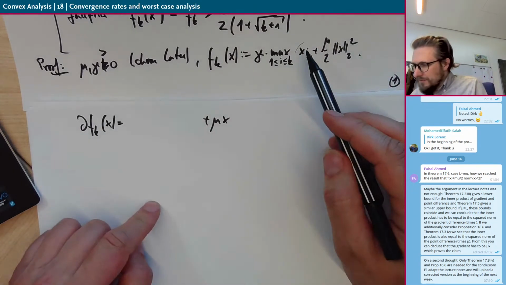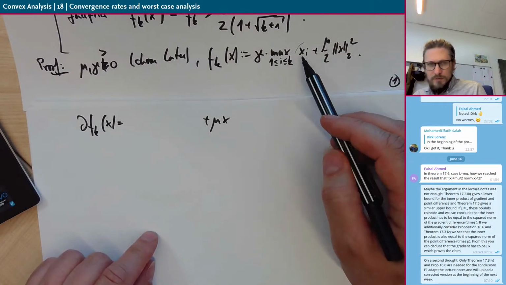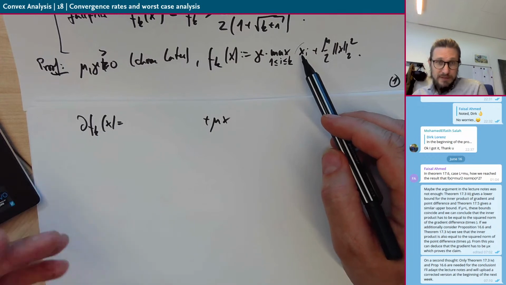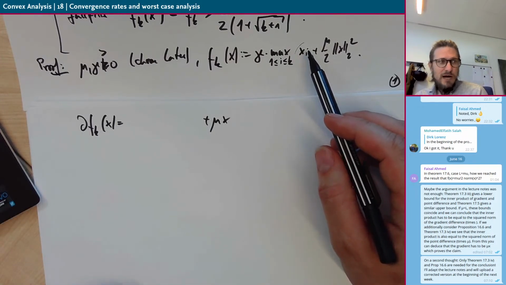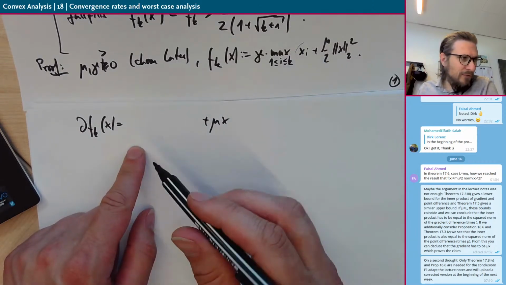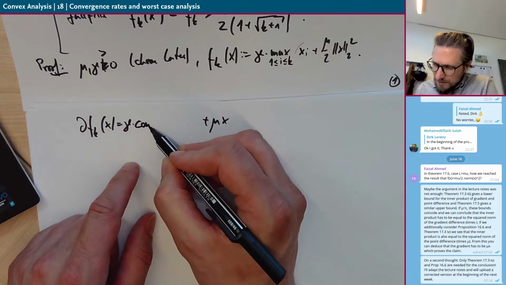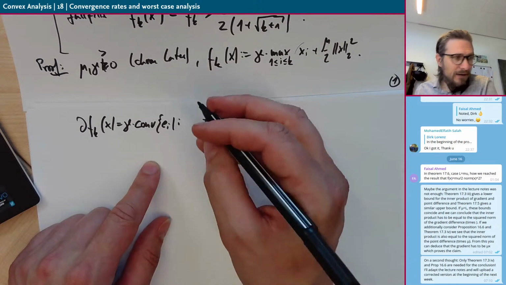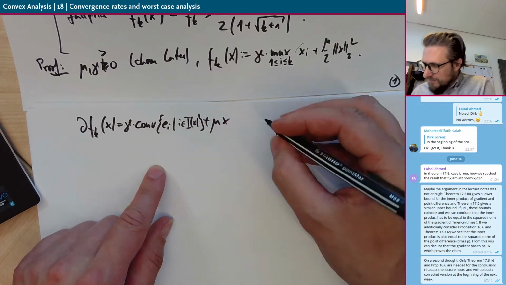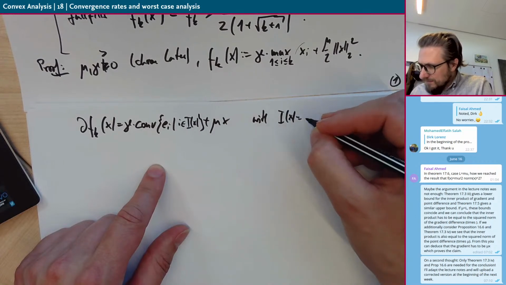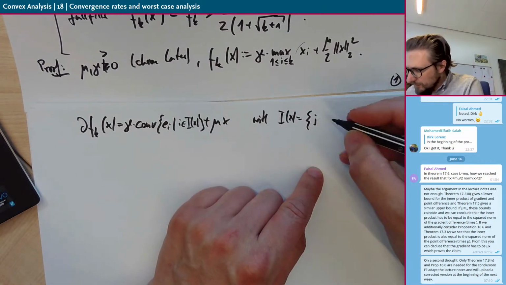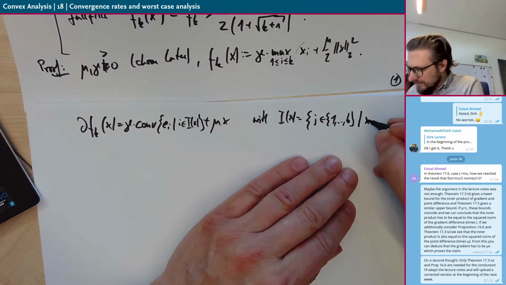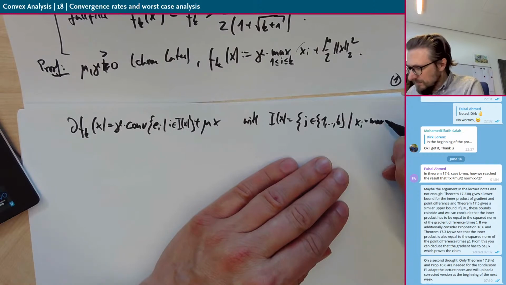The subgradient of the individual linear function x_i is just the canonical basis vector e_i. So the subgradient of the first term is gamma times the convex hull of all the e_i for i in a set I(x), and this I(x) is the set of indices j among the first k coordinates such that x_j is equal to the max of x_i.